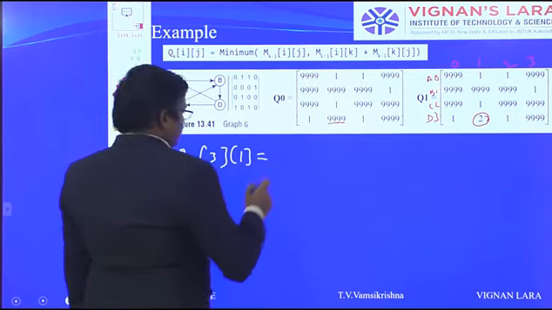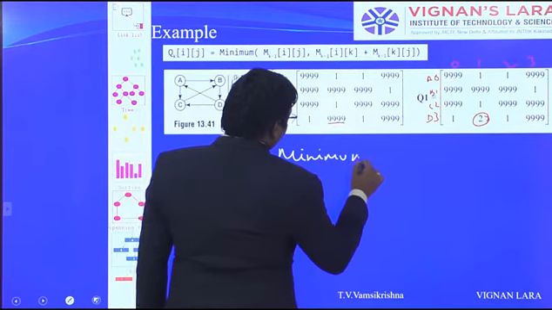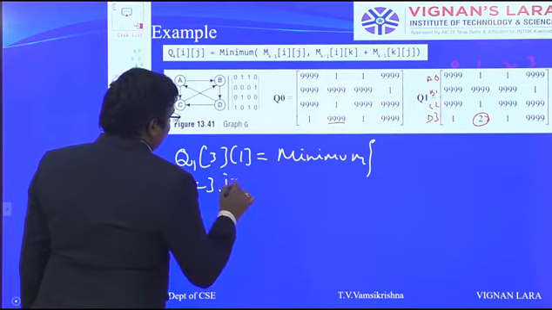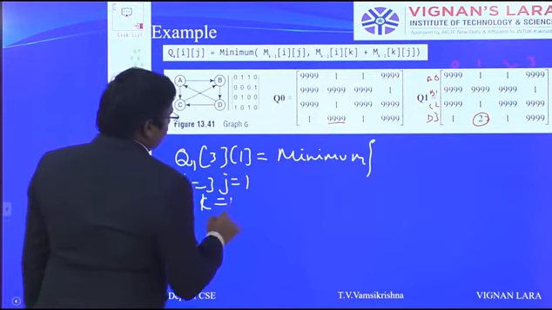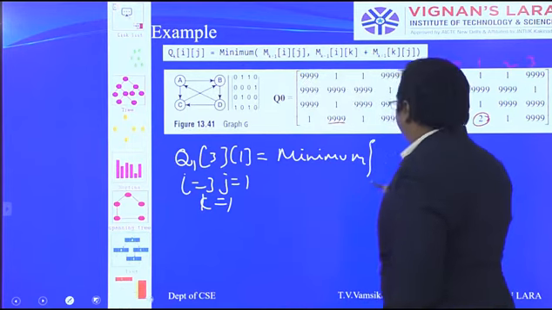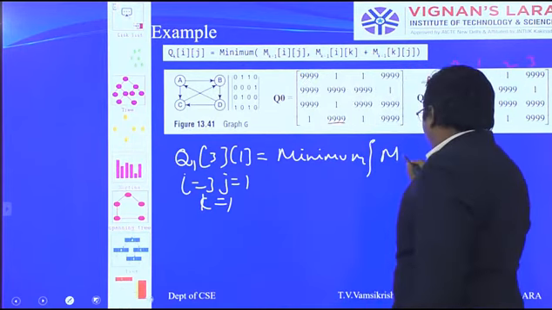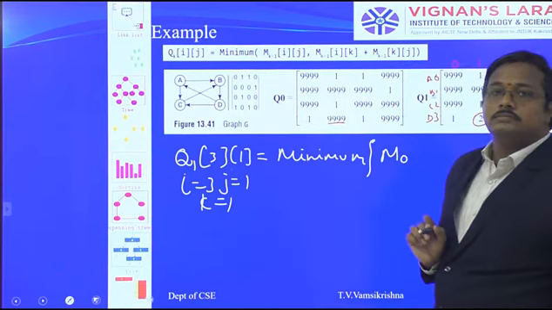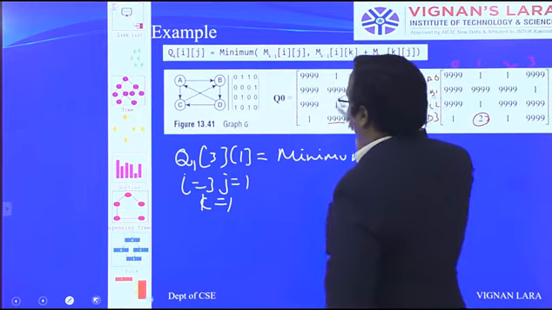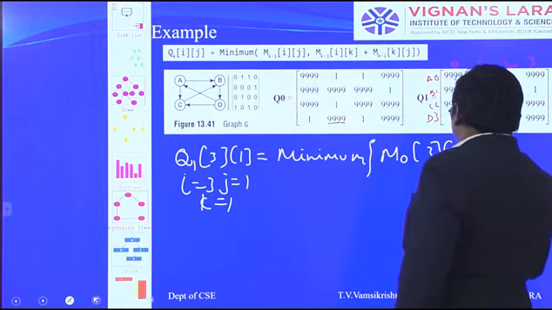Substituting into the formula, minimum: I value is 3, J value is 1, K value is 1. So minimum of M k minus 1. K value is 1, minus 1 is nothing but 0. So M0 of I comma J means 3 comma 1.